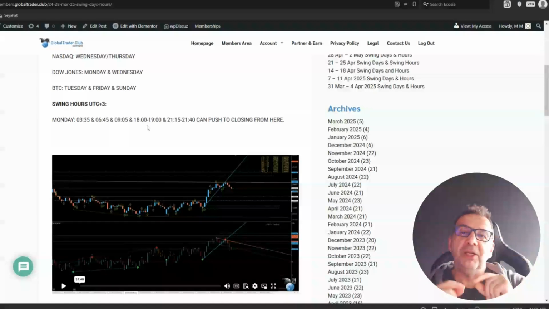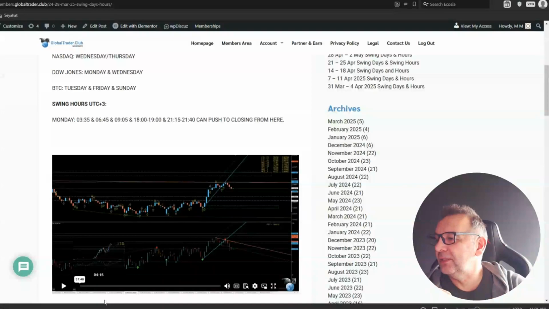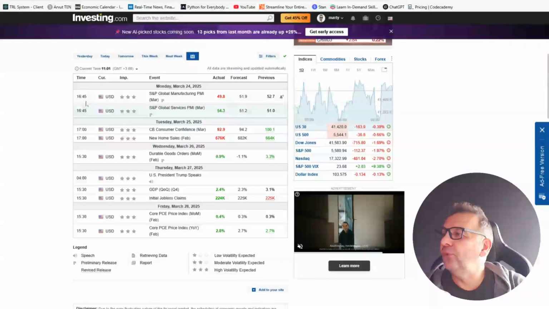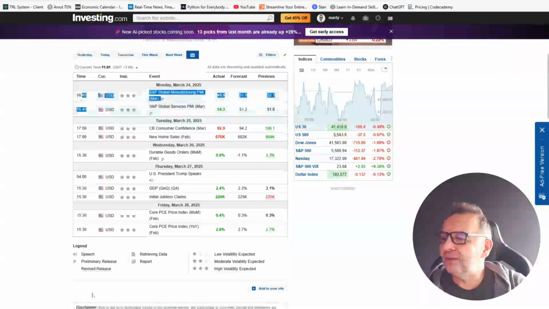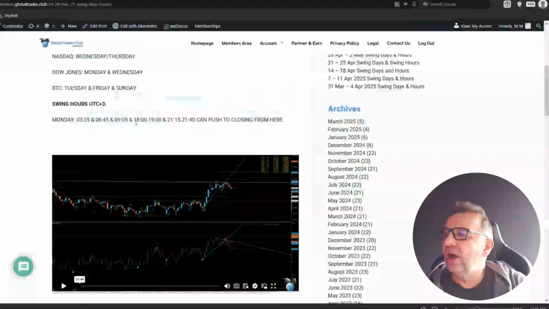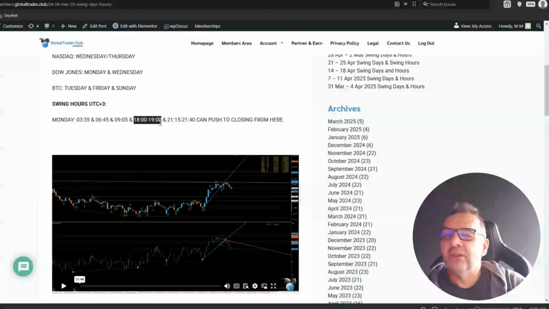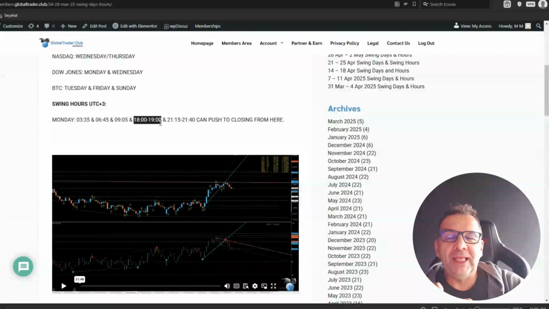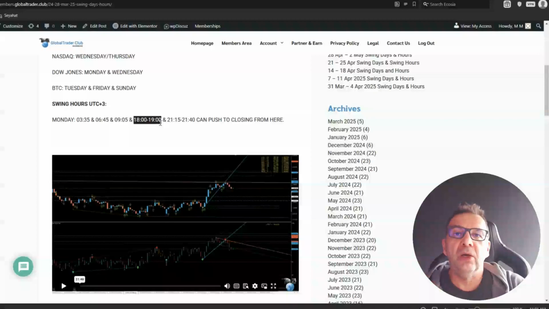So if there's news coming out at 4:45, and the next hours I've got after the news are 6 to 7, the market will probably go in that direction, whichever direction that's going to be, up or down, because different assets will go in different directions, some up while others go down, and the other way around.